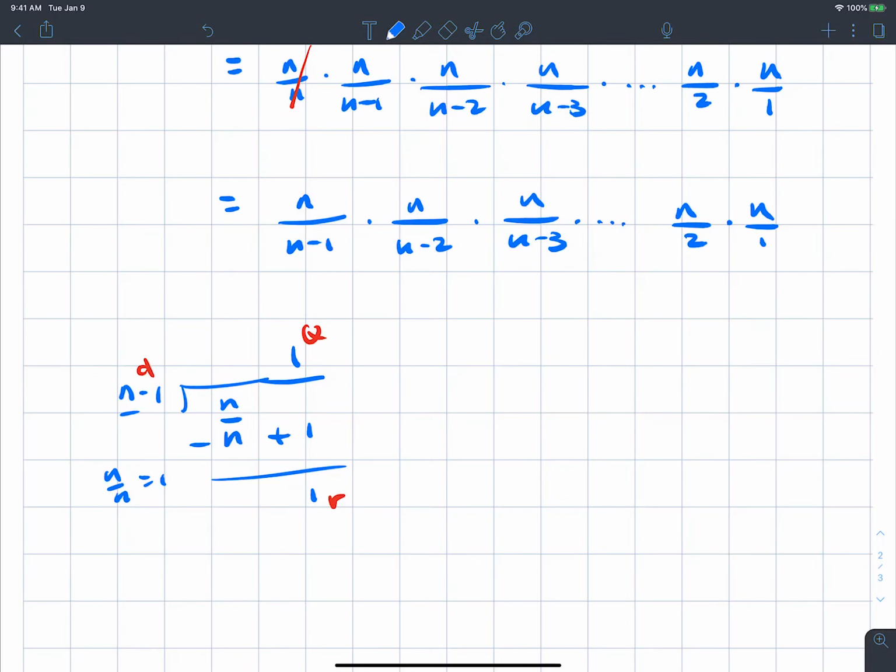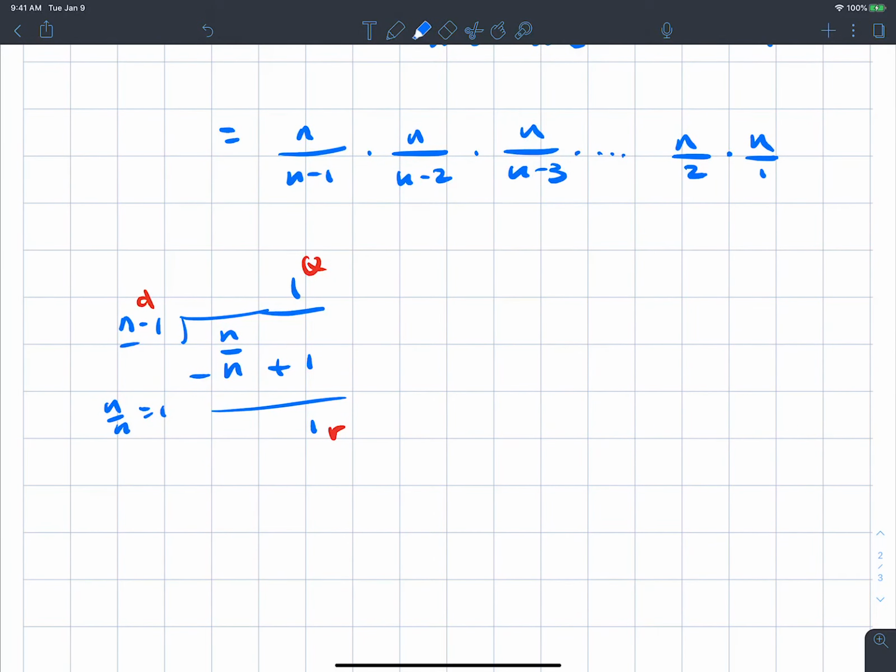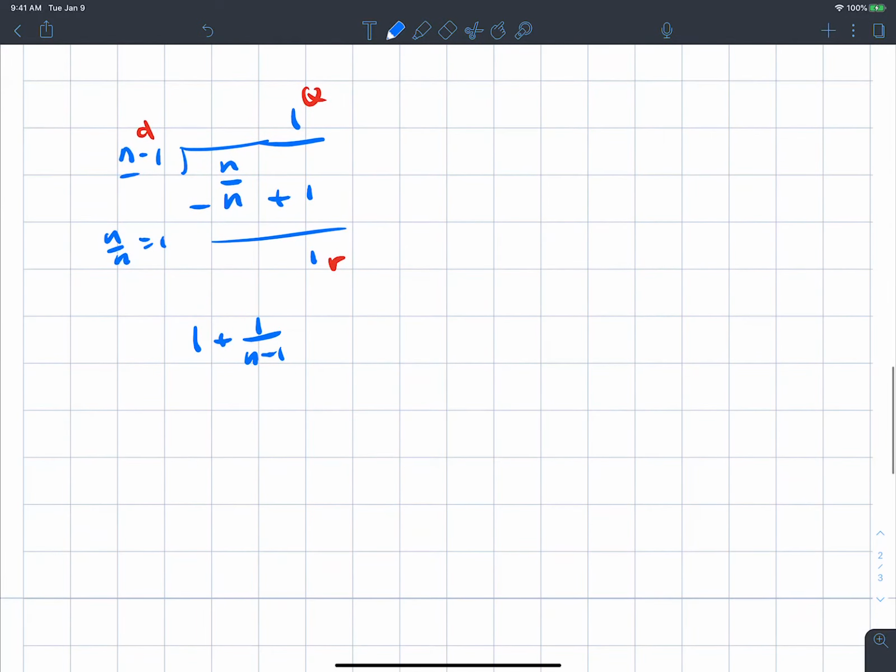This first term that we're looking at, I can replace with 1 plus 1 over n minus 1. And in fact, I could do this for every one of these terms.